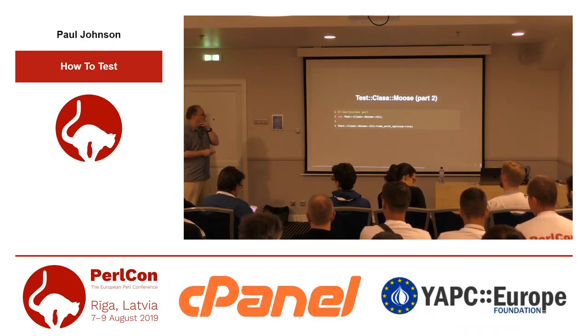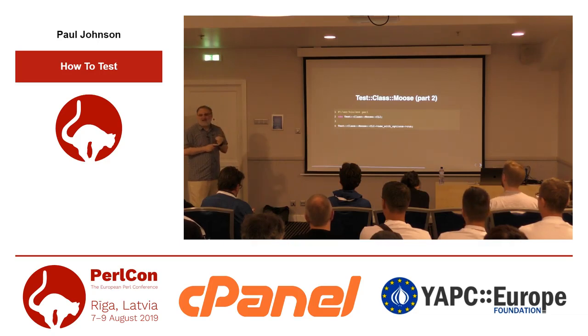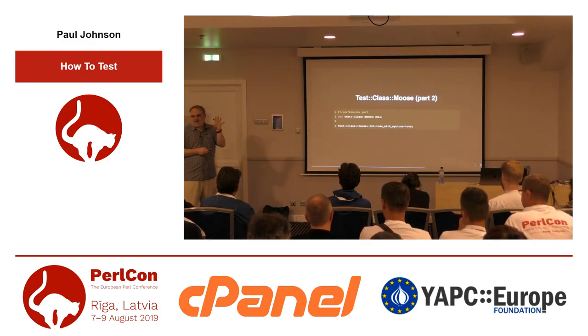Behind the scenes, there's Test Builder, which is a module which everything is hanging on. And Test Builder has a number of deficiencies in the design, which make a number of things difficult to do. For example, quite often you might want to end your entire test suite if any test fails.